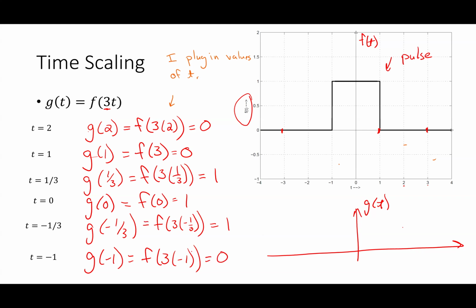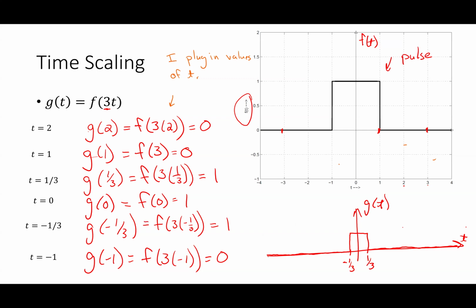So I say I've compacted the signal here. Why have I compacted it? If I follow those values, it tells me that this is 0 until I get to -1/3, and it jumps up, and then it comes down at 1/3, and then it stays at 0 for a while, like that.